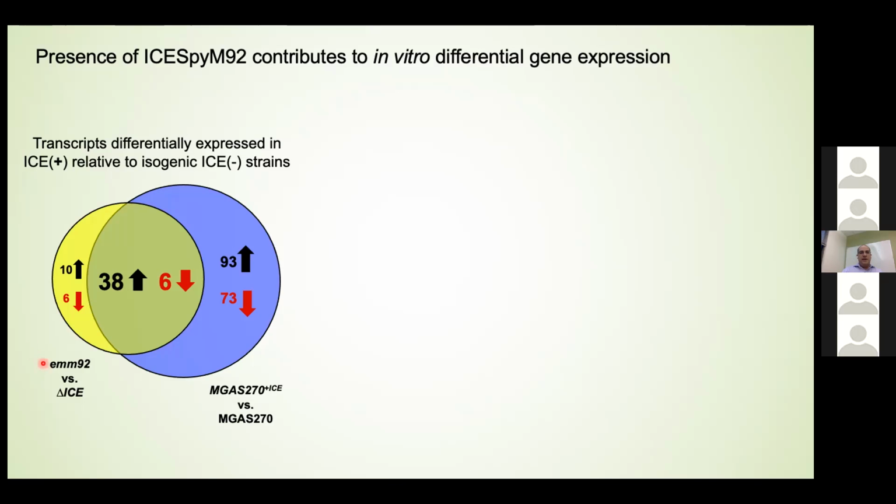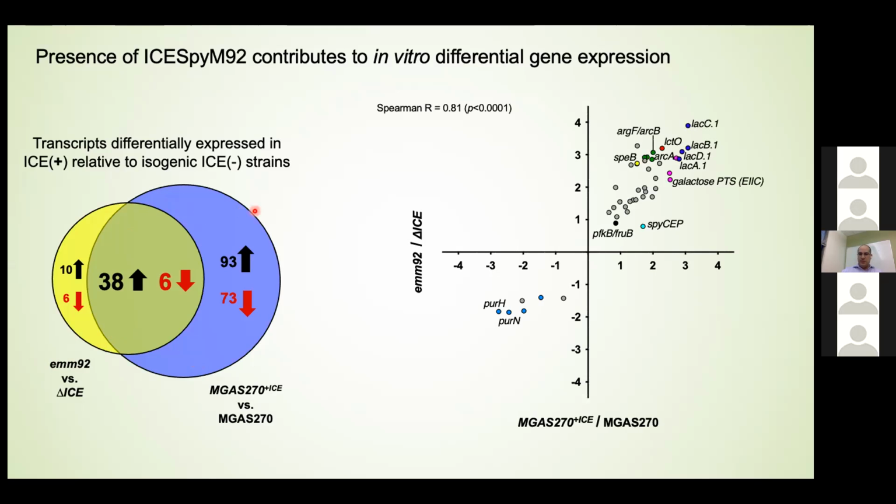Comparing M92 to its delta ICE mutant, we saw differential expression of 60 genes in an ICE-dependent manner. And in the MGAS270 background, we saw differential expression of 200 genes. Comparing the two data sets, we saw 44 genes that were similarly differentially expressed in both backgrounds in the presence of the ICE. And that's what I'm showing here in this graph.